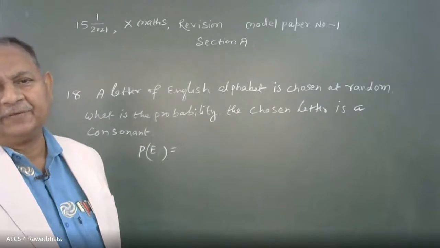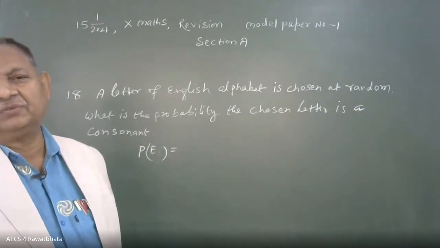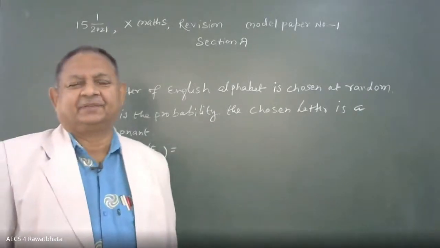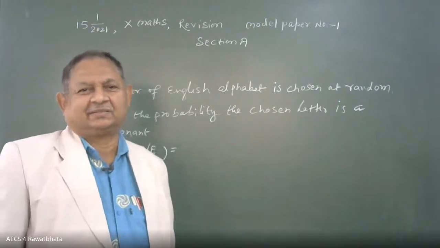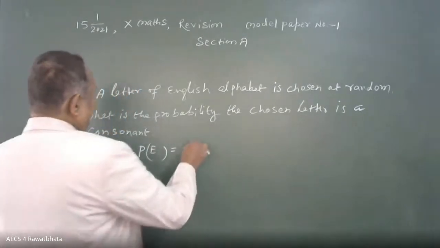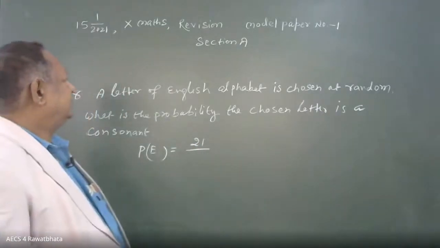The total number of letters in the English alphabet is 26. Is it correct?